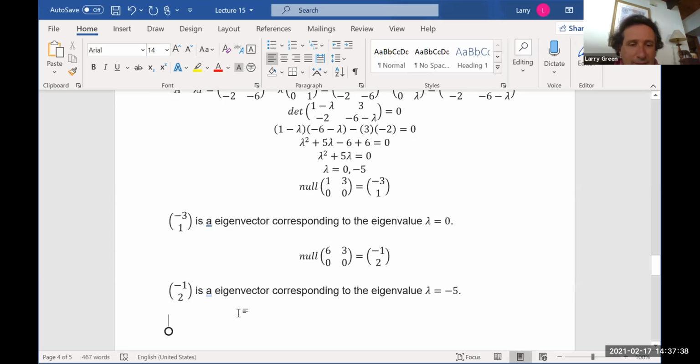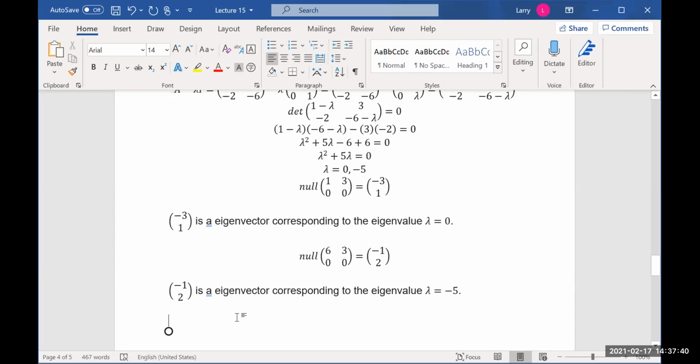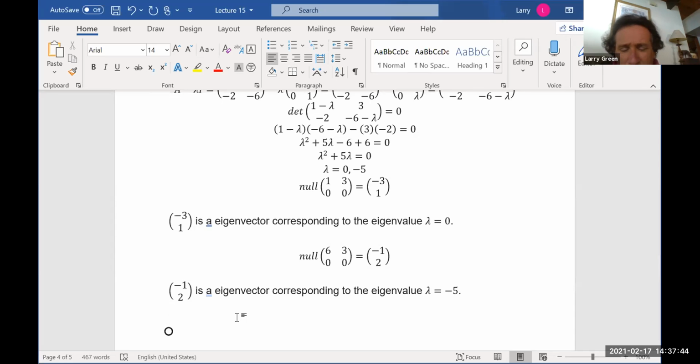Do you believe that? All right. So it turns out, and we'll prove this not today, that the eigenvectors are linearly independent, and in this case form a basis for R2. Do you believe that? There's two of them.